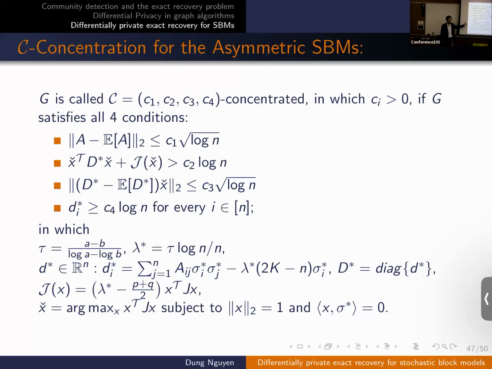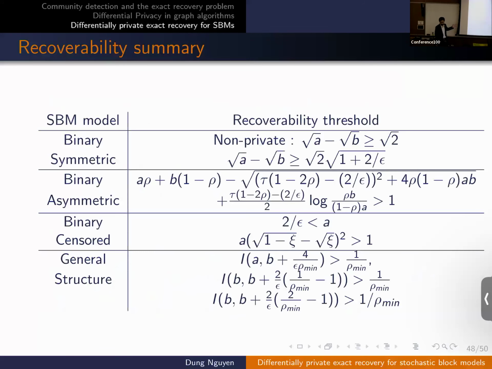These conditions are invariant under label flipping. And from this condition, we still construct the certificate for the SDP to be optimal at the ground truth. So this is a lot more work for the asymmetric case, and similarly for the censored version, when we have the H label, and for the general structure of the SBM.